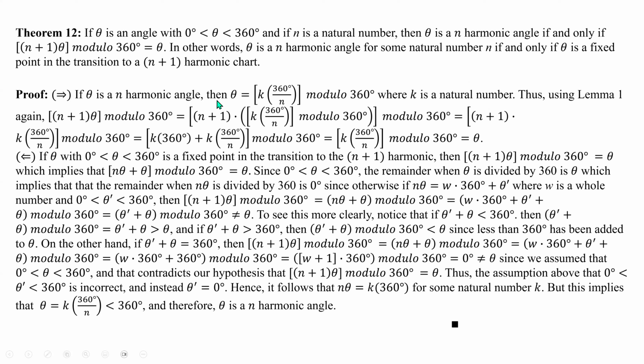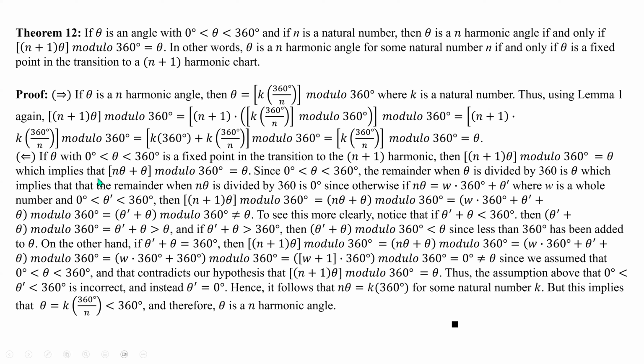And that is what theta is going to be. So that proves the first part. If theta is an n-harmonic angle, then it's going to be fixed in the n plus 1 harmonic. We take (n plus 1) times theta, modulo 360 degrees, we get theta back.